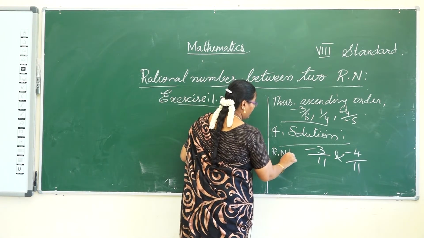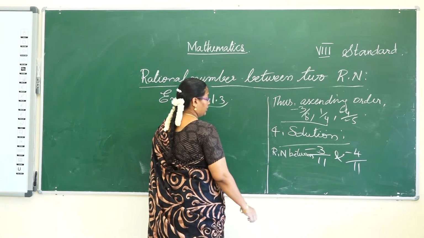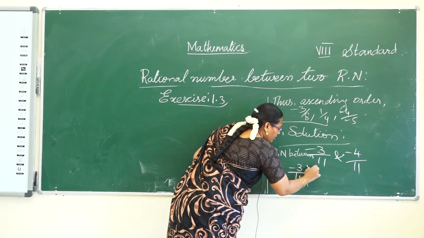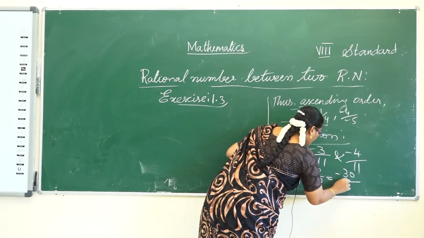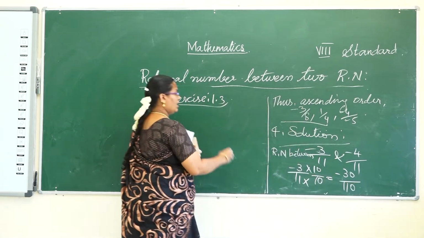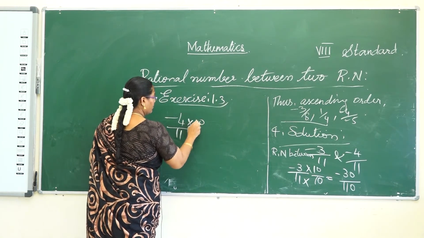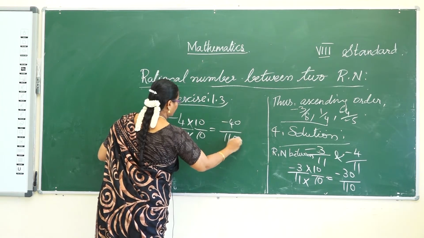Rational numbers between these two numbers. First multiply: minus 3 by 11 into 10 by 10 is minus 30 by 110, and minus 4 by 11 into 10 by 10, so minus 40 by 110.